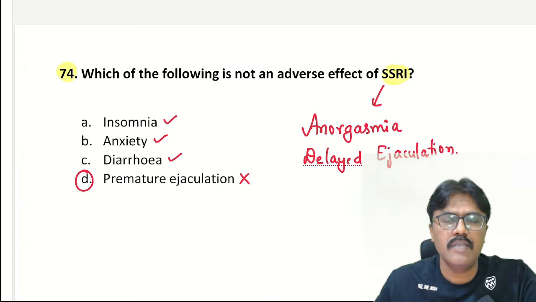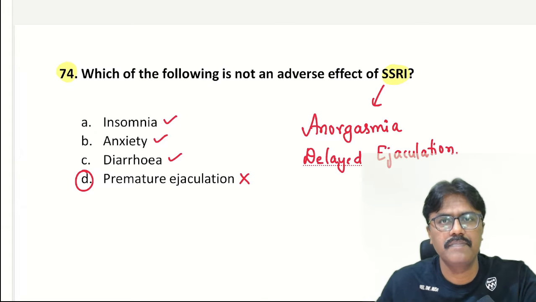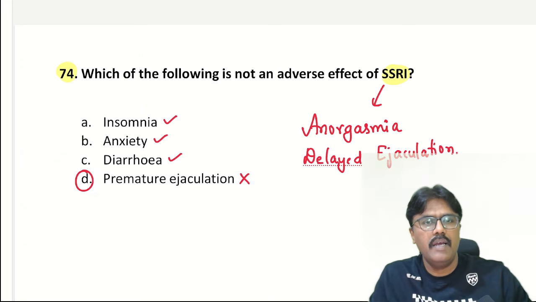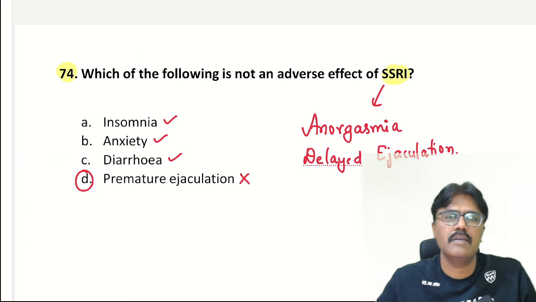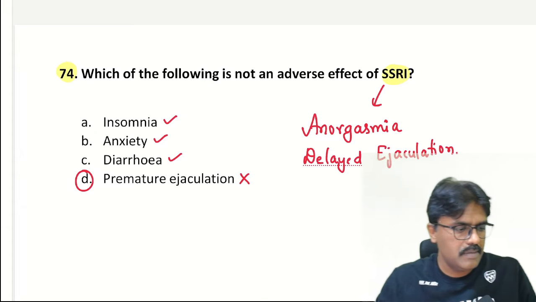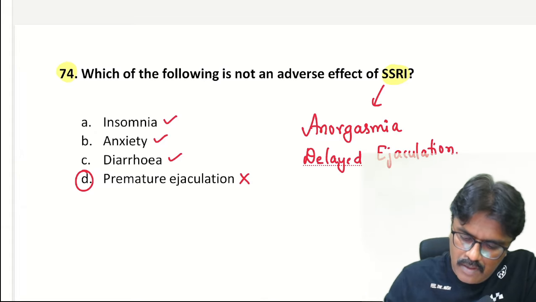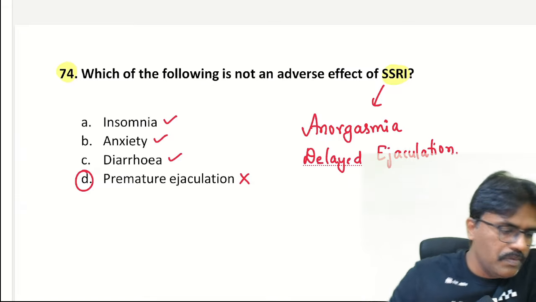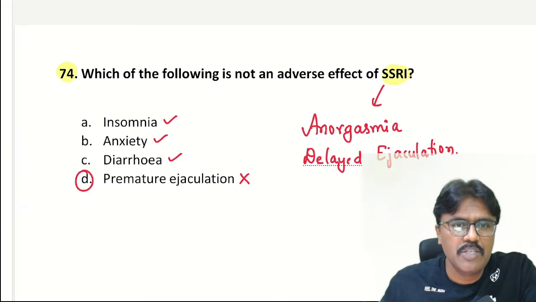So SSRIs are fluoxetine, fluvoxamine, sertraline, paroxetine, dapoxetine, citalopram, escitalopram. They can cause nausea, vomiting, diarrhea, insomnia, anxiety, sexual problem. Right? Yes. They can also ask you which antidepressant causes least sexual side effect.